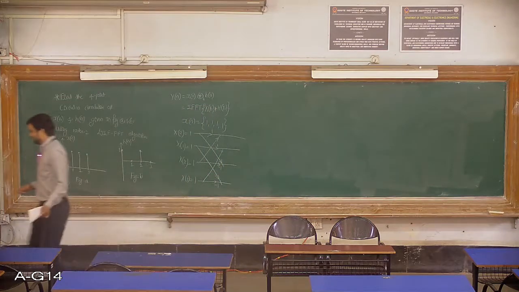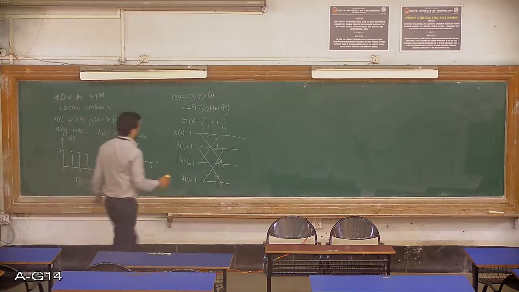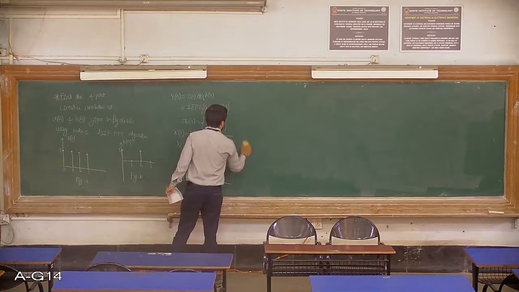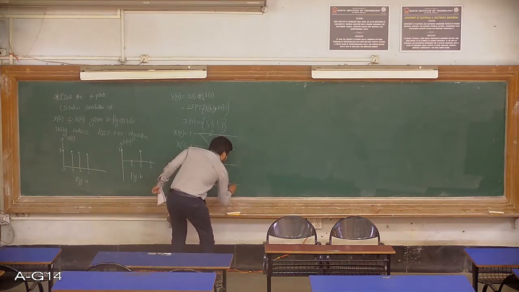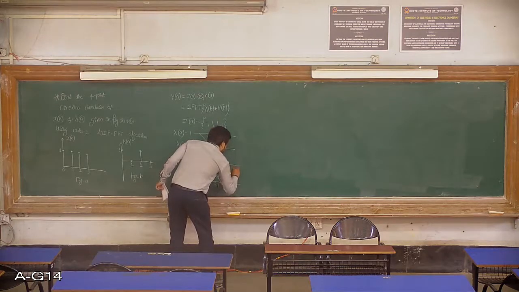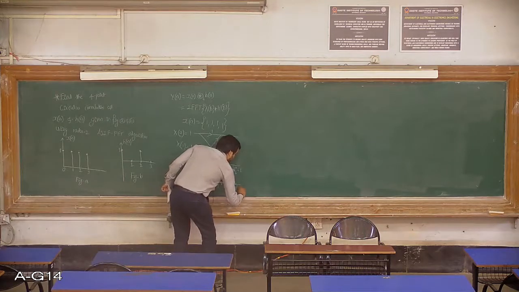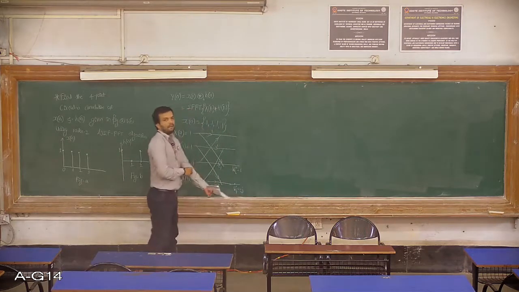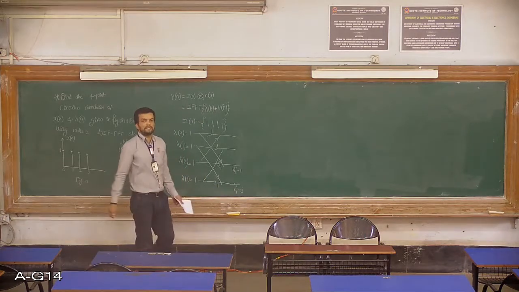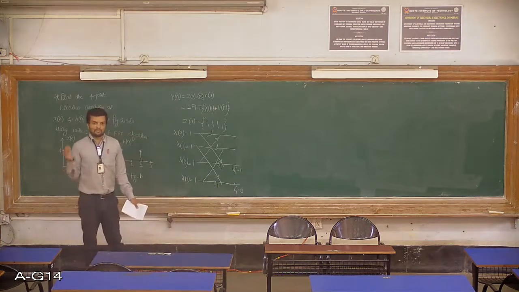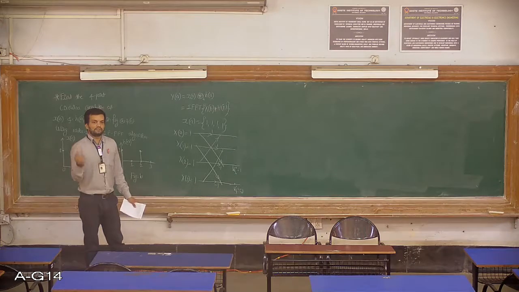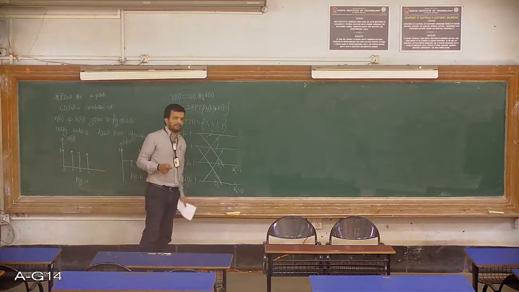Compute the values, and whatever the answer we'll get here, so we have to multiply with the twiddle factors. So what are the twiddle factors? So here W4 of 0 is 1, and here W4 of 1 is minus j, because cos 90 minus j sin 90, cos 90 is 0, sin 90 is 1, right? So minus j into 1, so minus j. So W4 of 1 is minus j.